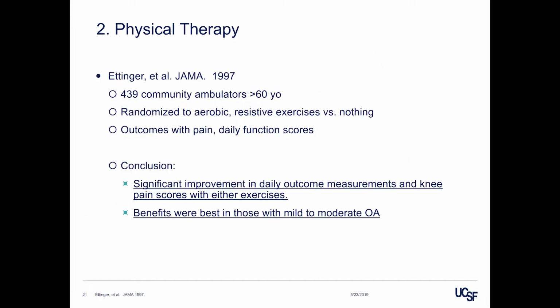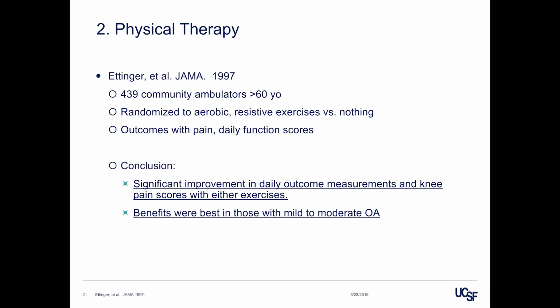There haven't been too many really nice studies done recently, but this was a study done a long time ago, 21 years ago, where they looked at patients over the age of 60 and randomized them to aerobic exercises, resistive exercises, or no exercise at all.